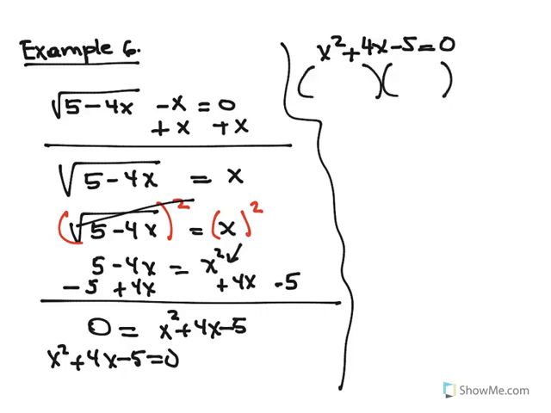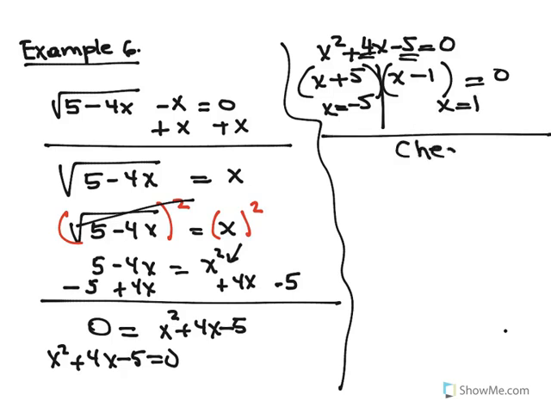So I need to find two numbers that multiply to give me -5 and add to give me 4. So what if I have plus 5 and -1? If I add them, I get +4. If I multiply, I get -5. So the solutions are x equals -5 and x equals 1.